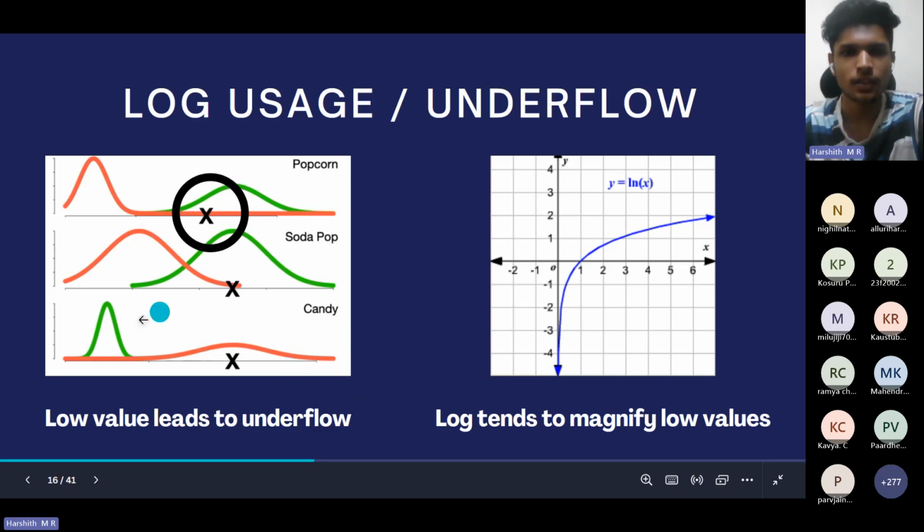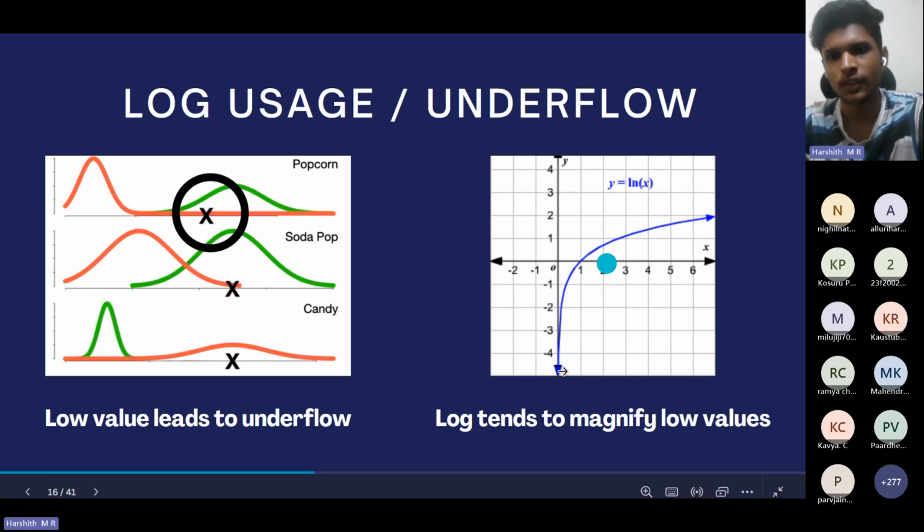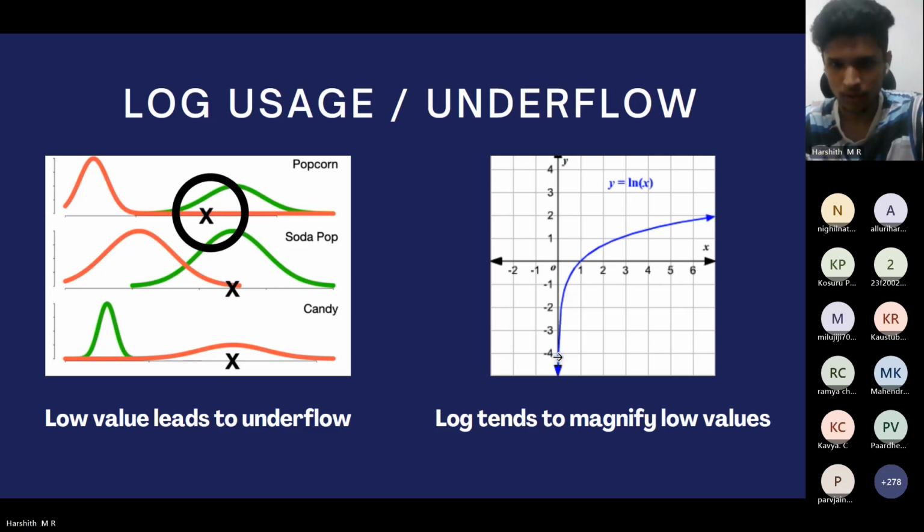So taking log helps in tackling this issue. So why does log help in tackling this issue? Because it's due to the log property. This is the log graph. If you don't know about log, you can look into various resources and understand it.